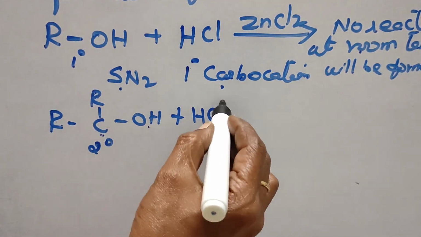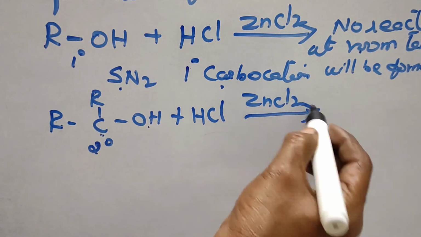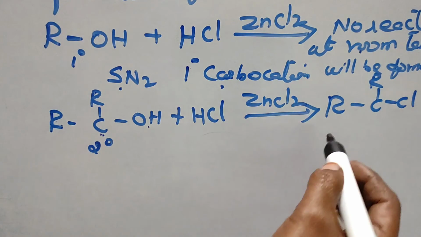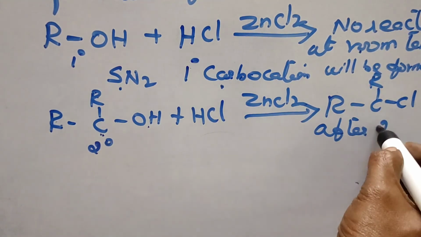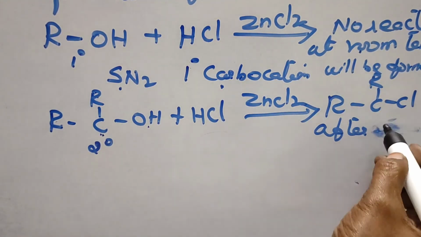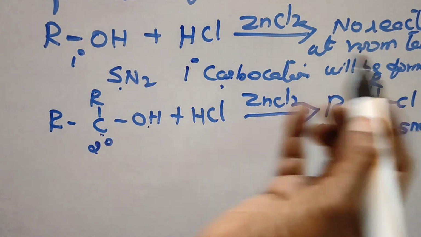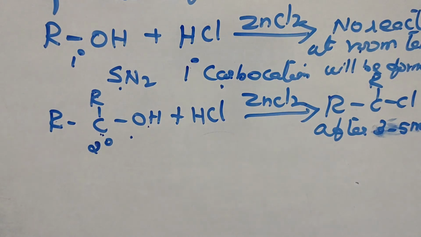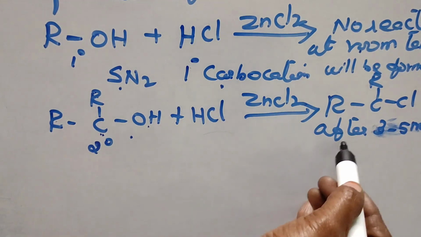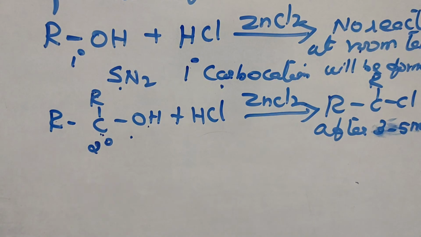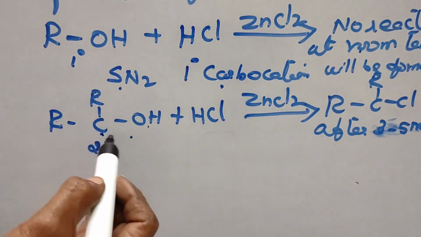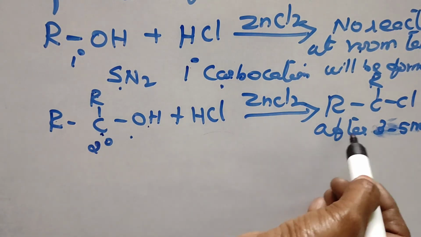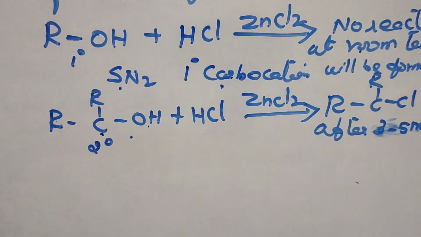With HCl and ZnCl2, it will produce RCl, but after 3 to 5 minutes. It will take time. Secondary alcohol may follow SN1 or SN2. It will take time for the formation of this product because the 2 degree carbocation is less stable than 3 degree. After 3 to 5 minutes the product will be formed.